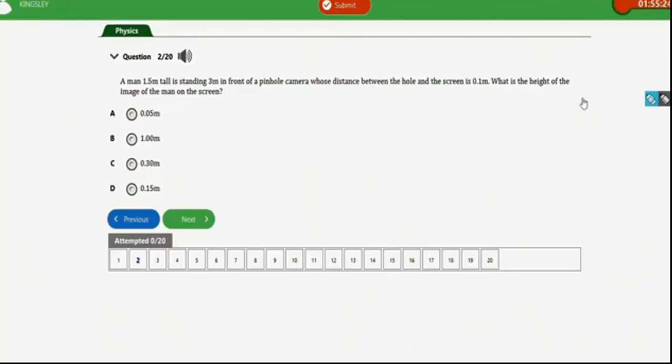For this question, we're going to apply this formula: image distance, which is v, over object distance, which is u, equals image height, hi, over object height, ho. So we're looking for the height of the image.